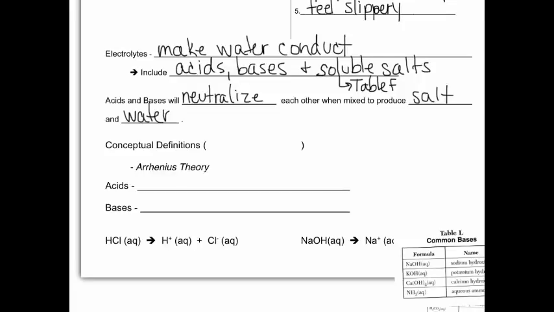Now we're going to talk about conceptual definitions. These are based on theory. So theories in science have a basis of evidence behind them. It's not like the term theory you use in everyday life, like I have a theory that my neighbor's actually a serial killer. You know, there's no basis in fact or evidence for that.